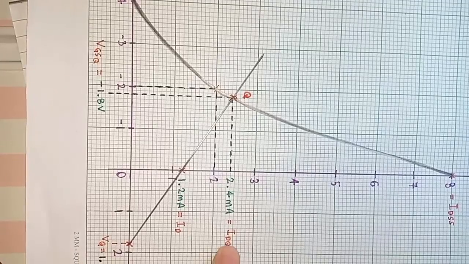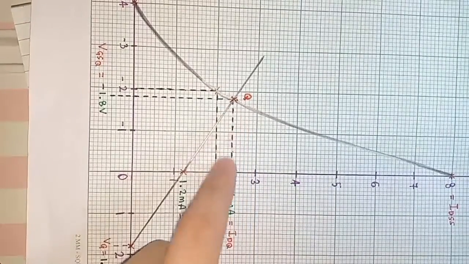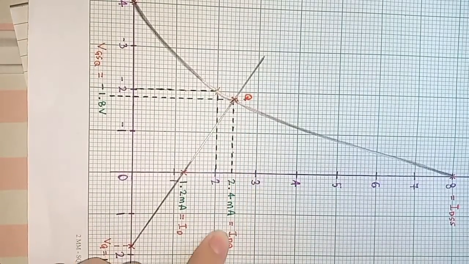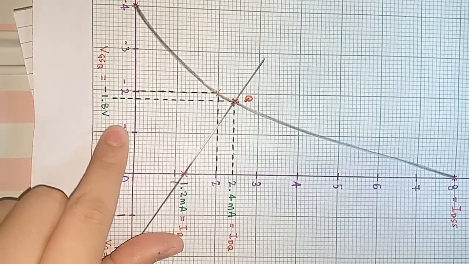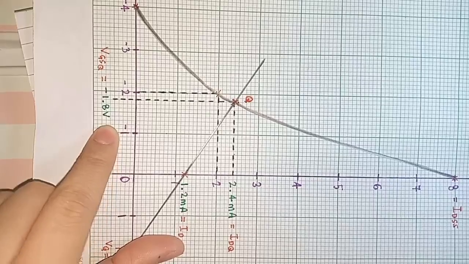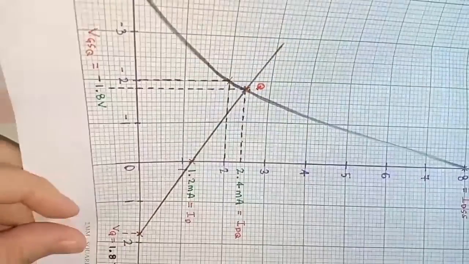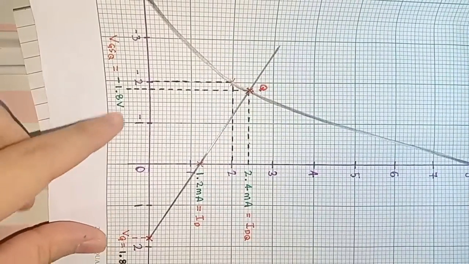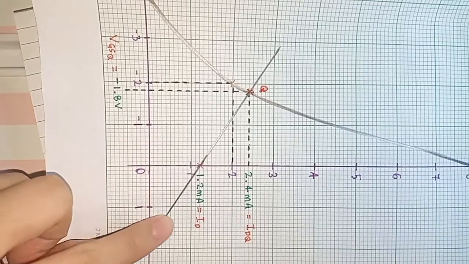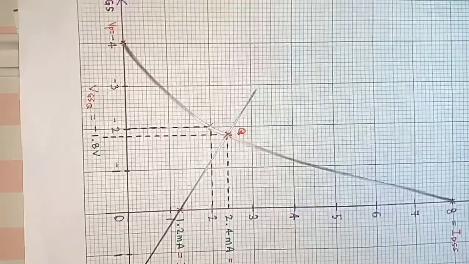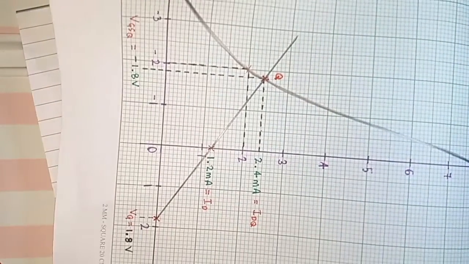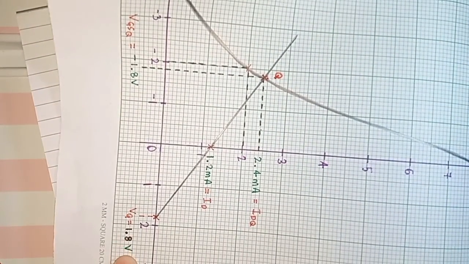Here is the Q point, where IDQ is 2.4 milliamp and VGSQ is negative 1.8 volt. And then the value of ID is 1.2 milliamp and the value of VG here is 1.8 volt.